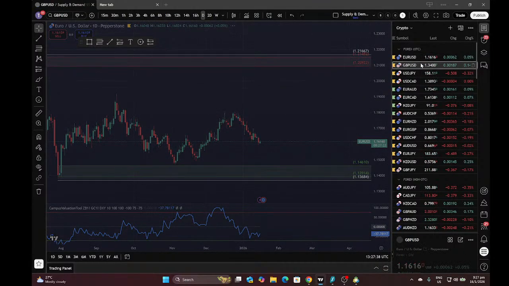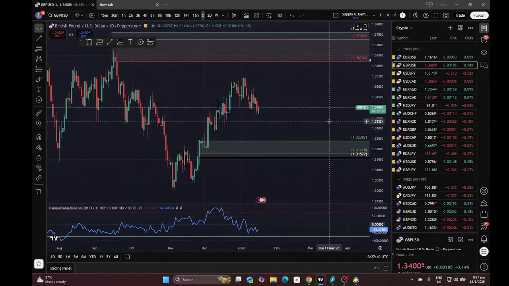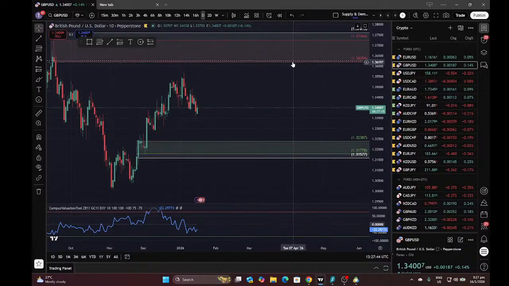For the British pound US dollar, we are looking at either long or short, depending on where the price goes. Currently, it is in an uptrend. I personally would want to follow the trend, so I would preferably place a long trade here.